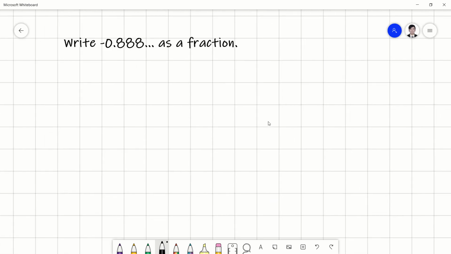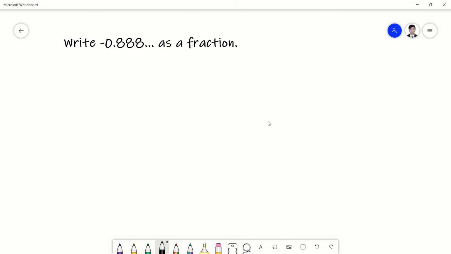How about if we have a non-terminating but repeating decimal, just like this? We will only encounter a basic example as of this moment. We will be dealing with a very detailed procedure when we reach week 7.